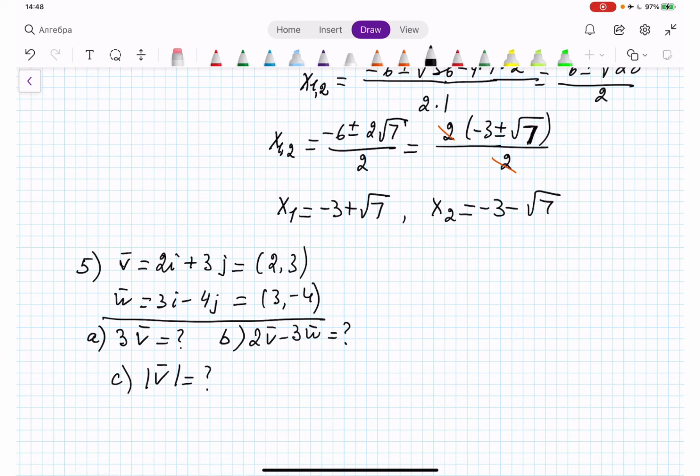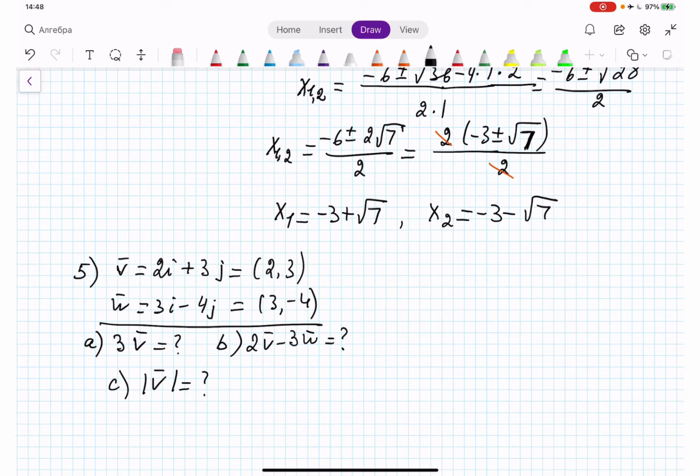All right, so 3 times vector v is going to be equal to 3 times 2i plus 3j, which is equal to 6i plus 9j. Okay, that's vector 3v, that's A.